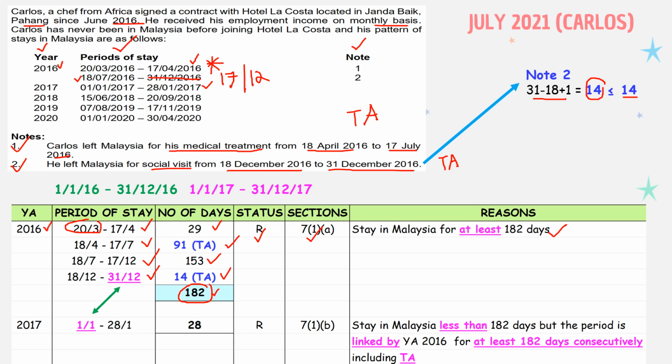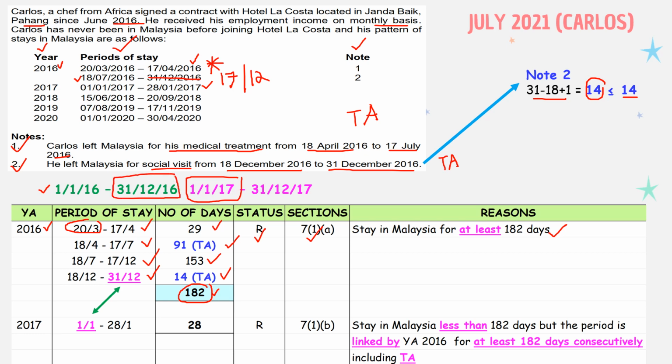Isn't it? Okay, guys, let me prepare the calendar for you. This is the calendar for 2016, 1st January to 31st December. This is the calendar for 1st January 17 until 31st December 17. So where are we? We are here in 2017. Now we need help from 2016.